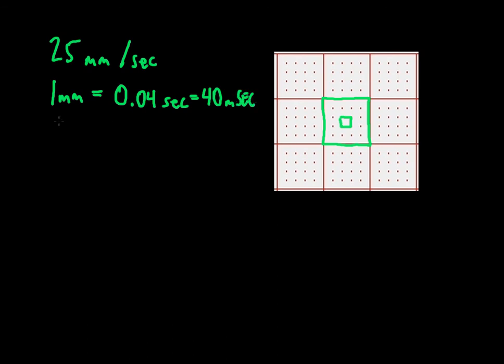And if you go with the 5 boxes, 5 millimeters, going once again left to right, gives us 0.20 seconds, which is also equal to 200 milliseconds.